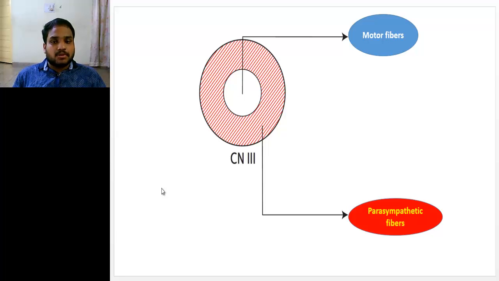Now, this is an important concept to know. See, if you take the cross section of the oculomotor nerve, you can see that the motor fibers are in the center and the parasympathetic fibers are at the periphery. So, the fibers on the periphery are first affected by compression, right?